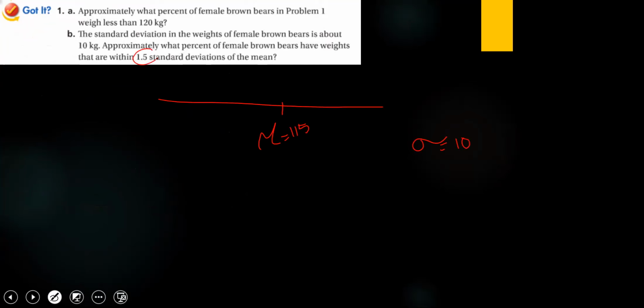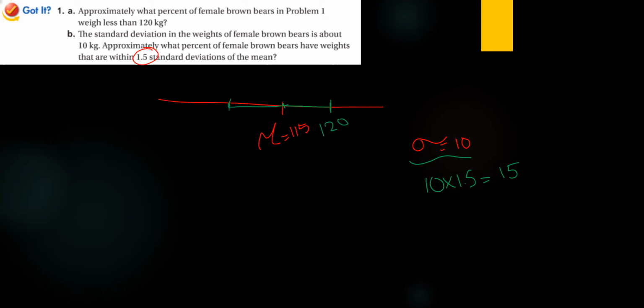So 1.5 standard deviations means you have to multiply 10 times 1.5, which is 15. So you have to see 115 plus 15, which is 130, and 115 minus 15, which is 100. So I want now to see the area under the curve between 100 and 130.